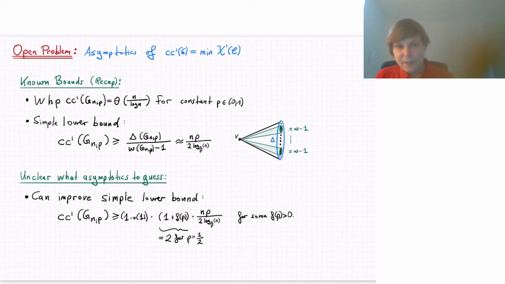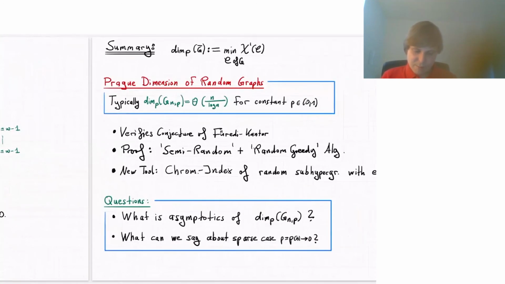That's the reason why in our result earlier I mentioned we sometimes exclude the case when p tends to 1, simply because the bound that we get here is no longer true. For p equals 1/2, it's nice to know that this extra improvement gives an extra factor of 2. Besides using this union bound argument, it's not clear to me if this has some combinatorial explanation, or if there's some other guess as to what the correct order of magnitude would be. I think it would be nice to understand the asymptotics.